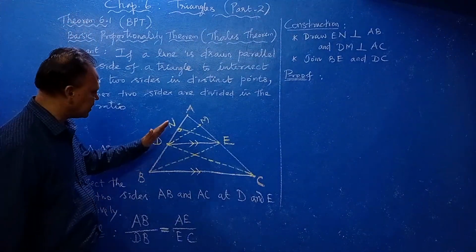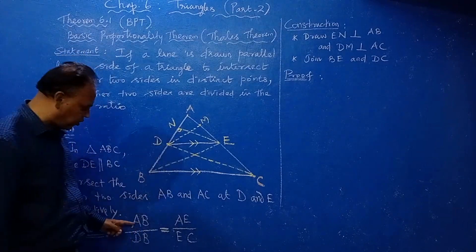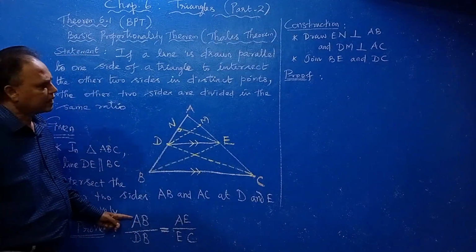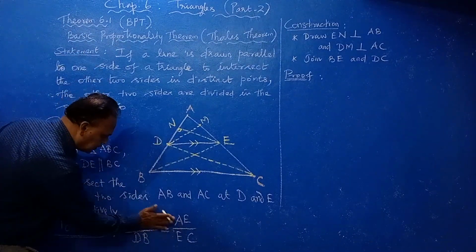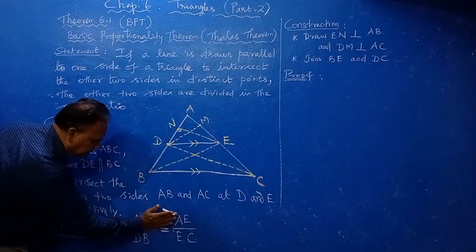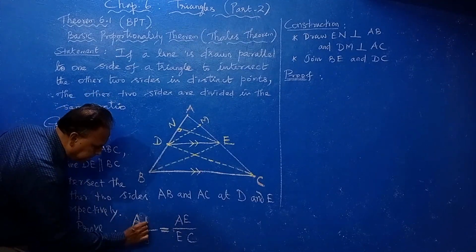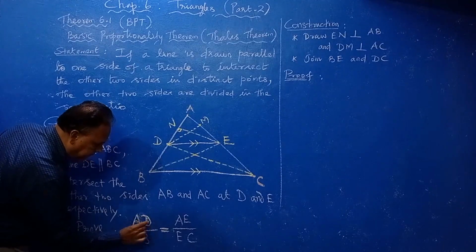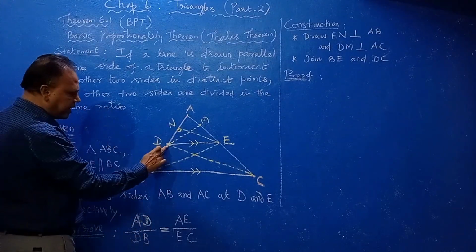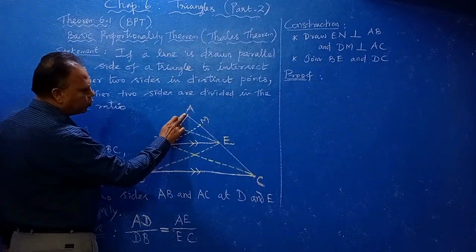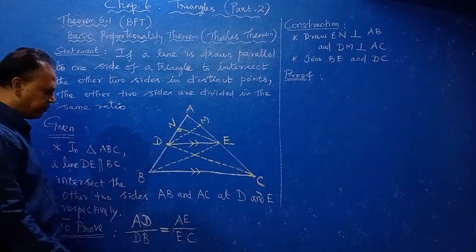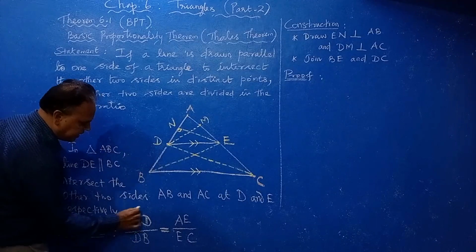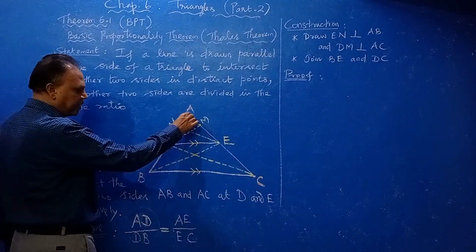You see the left hand side. Take left hand side. In the left hand side, what you have? AD by DB equal to AE by EC. So take left hand side. Left hand side you have AD.